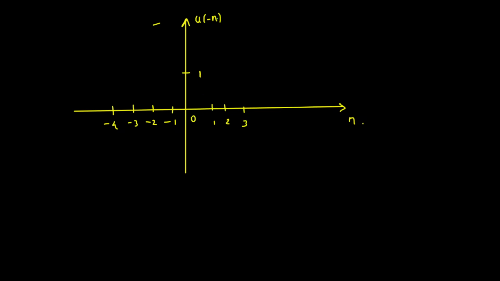If you flip, there's nothing in the positive axis, only the negative part, and also 0. At 0, the height is 1, and then at -1 the height is 1, -2 is 1, -3 is 1, -4 is 1, and it's going to keep on going forever like this. Okay, this is just u of minus n.